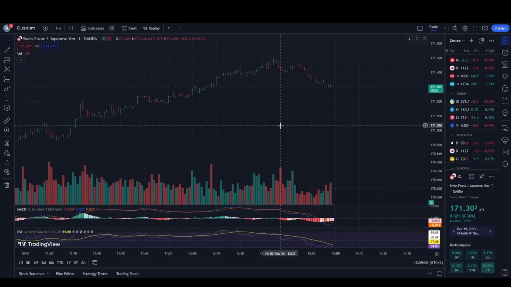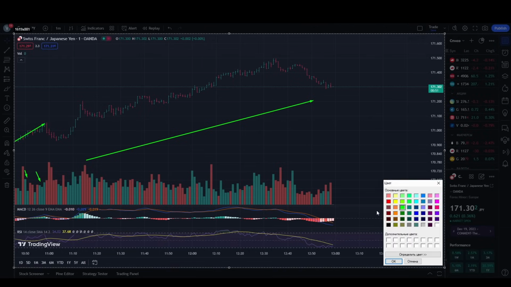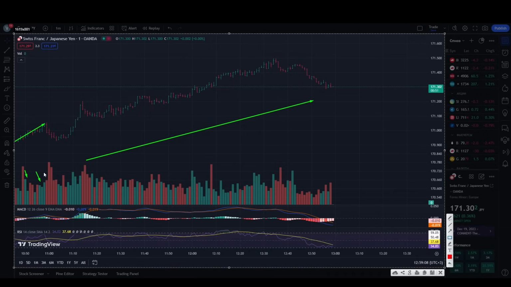Excellent. Moving on to the second currency pair, the Swiss franc and the Japanese yen. Here I also want to note that the market is generally bullish. At the beginning, buyers saturate volumes, leading to an increase in the trend level, but then we encounter a correction from sellers, which in turn forms a technical analysis pattern, the cup.